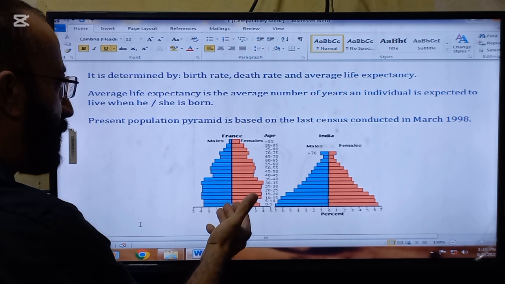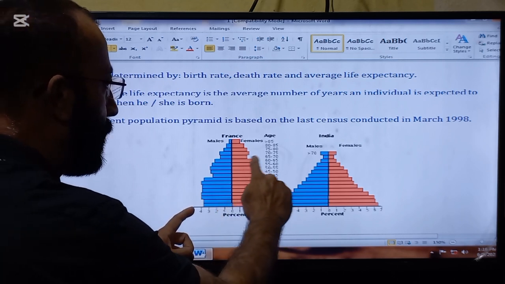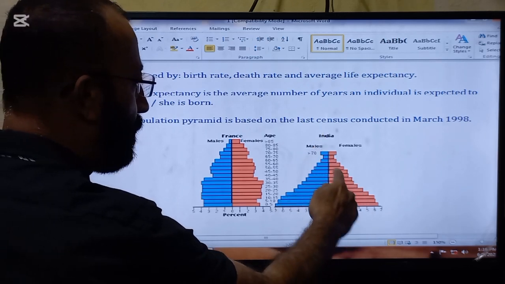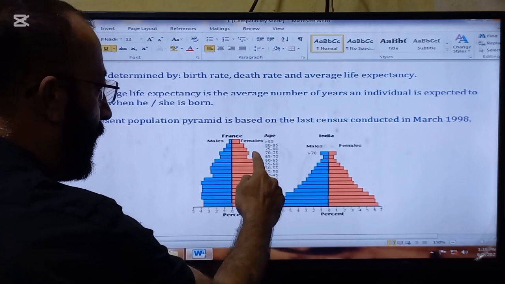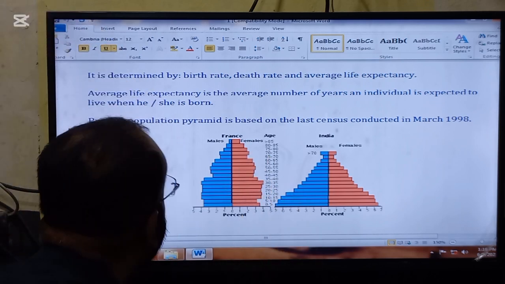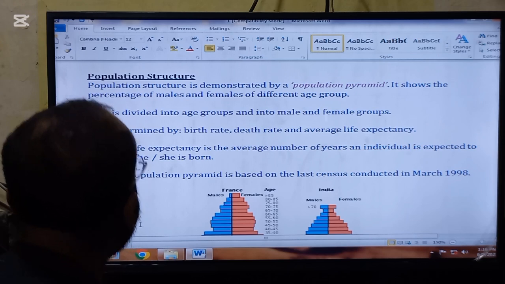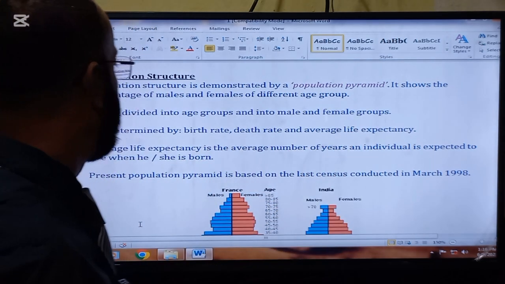Here is the France population structure that is demonstrated not only by the age groups but also by the males and females. Females are represented by red part, males are represented by blue parts, and here are the age groups. So it is divided into age groups and into male and female groups.